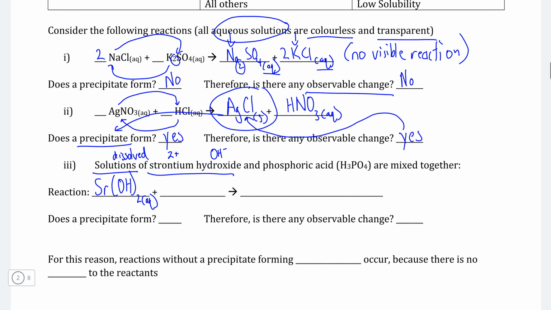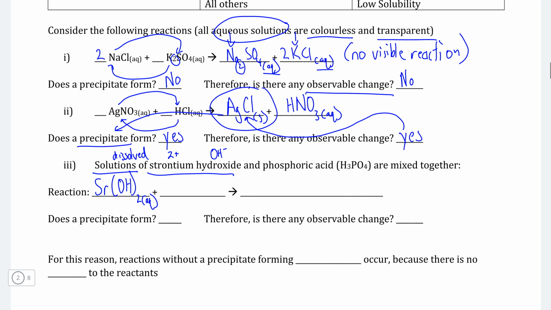And in this case, we are doing a neutralization reaction because we're going to be reacting strontium hydroxide, which is clearly a base, with phosphoric acid, and we can tell that this is an acid because it's dissolved in water and it contains a hydrogen that can be easily removed.